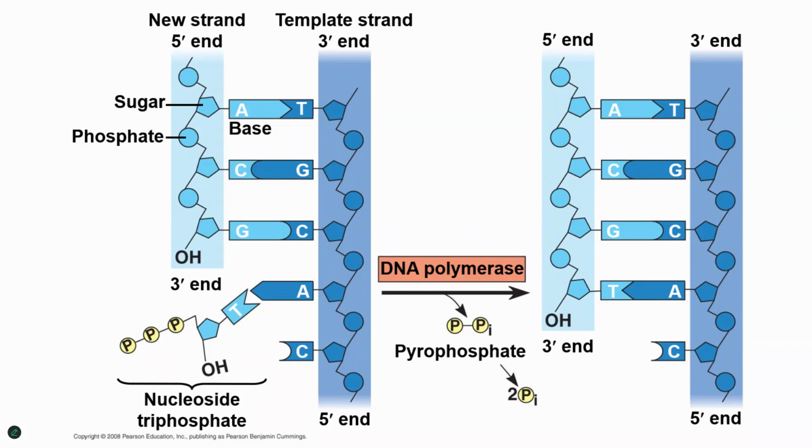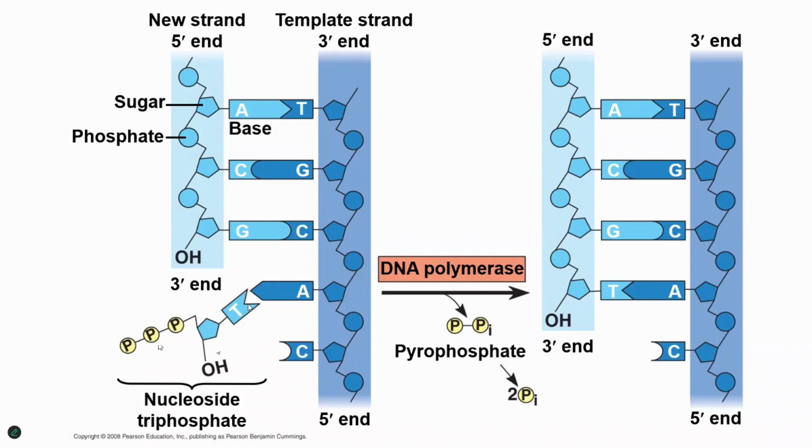But if you look closely at that, it's not a nucleotide, it's a nucleoside triphosphate. So it's kind of a nucleotide, but it's got 3 phosphates. So the DNA polymerase not only needs to covalently bond this phosphate onto the 3' end here, it also has to remove those extra phosphates. So here's a nucleoside triphosphate coming in.